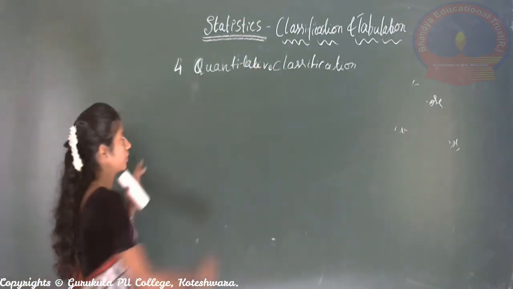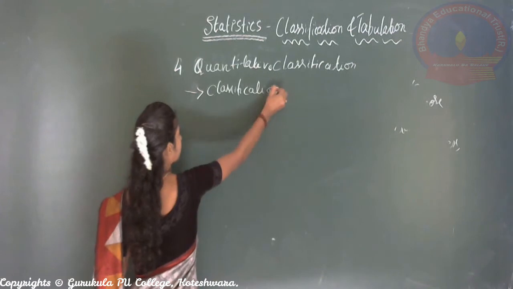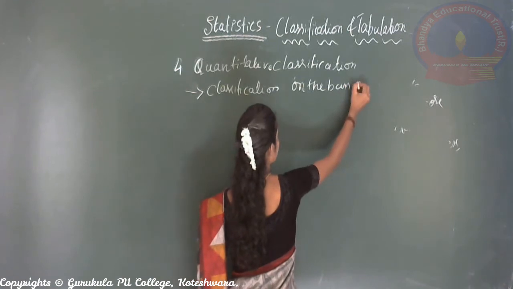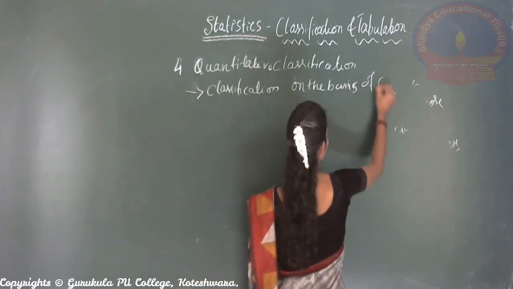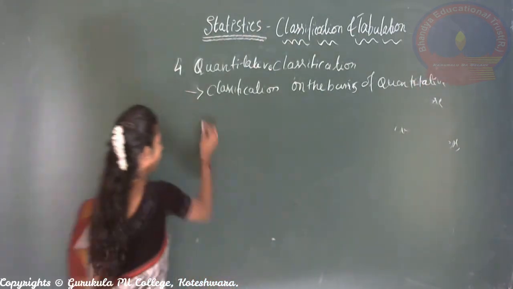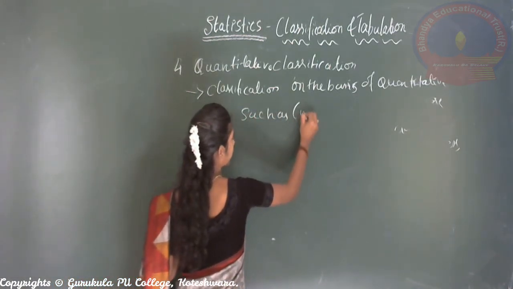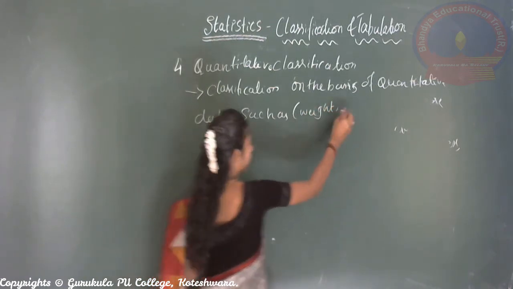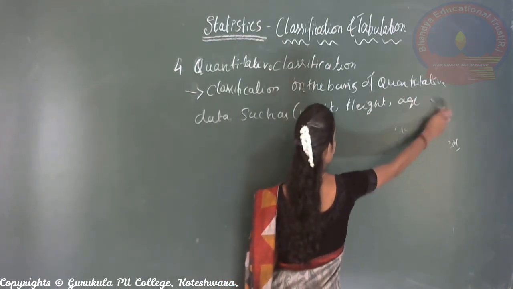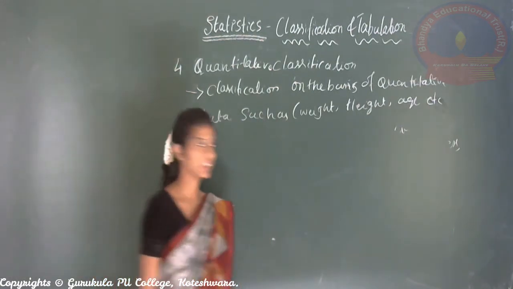Quantitative classification is classification on the basis of quantitative data or variables such as weight, height, age, etc. It should be expressed in terms of numbers.